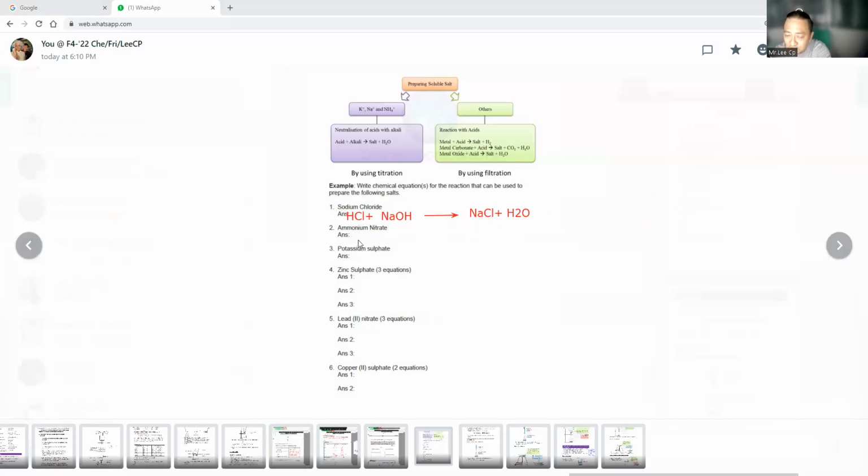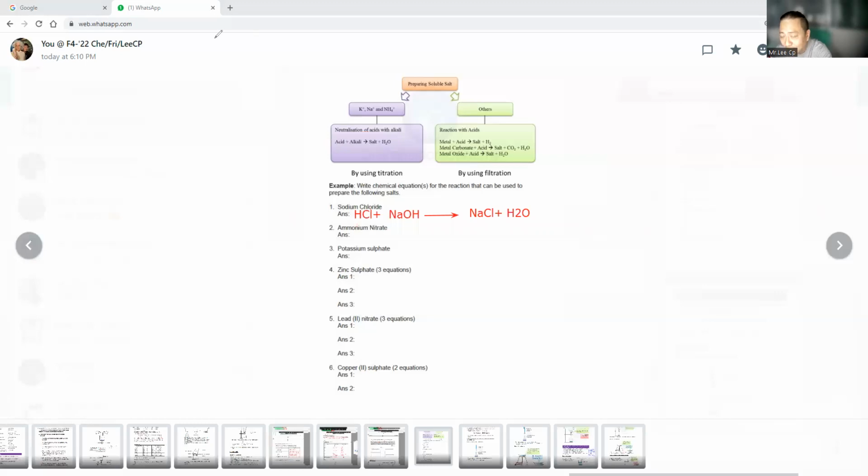Now you see the one that we have is acid and alkali. Acid, HCl, right? H and OH combine, Na and Cl combine, so that I can have this. So what is this? This is a neutralization, right?